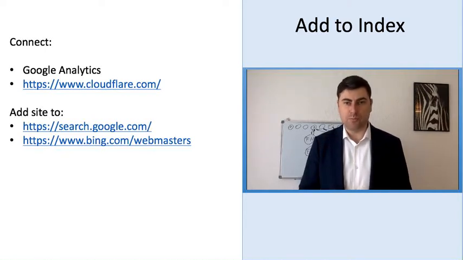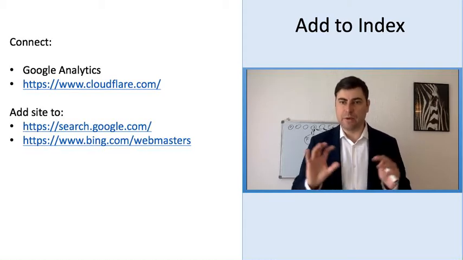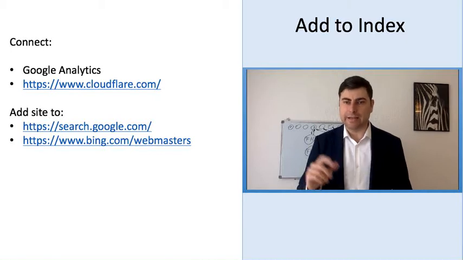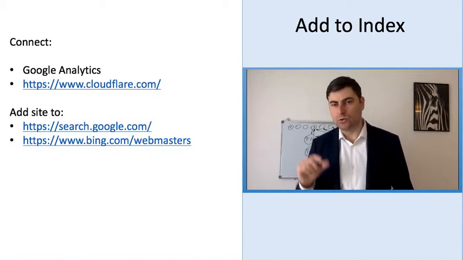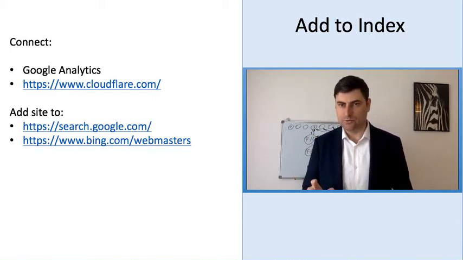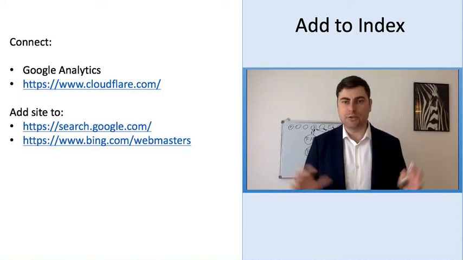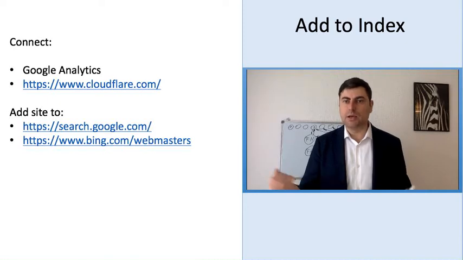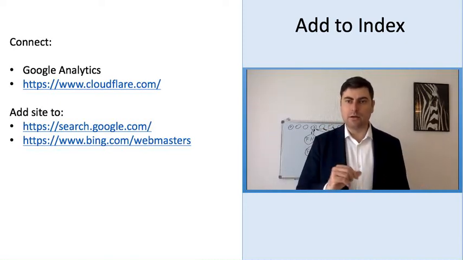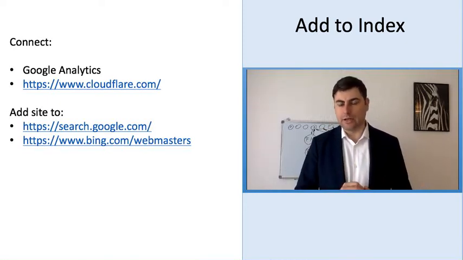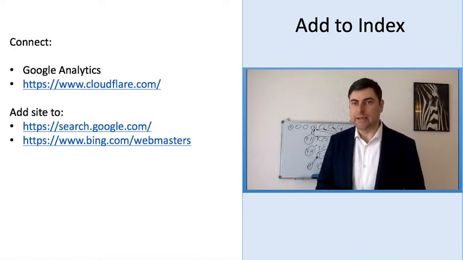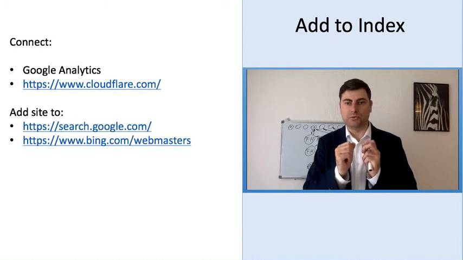Also, a very important part: if you are going to create many different websites in the adult niche, you have to add different Google Analytics accounts. Do not put two or more websites in one Google Analytics account. Otherwise, Google will see that and link all those websites.